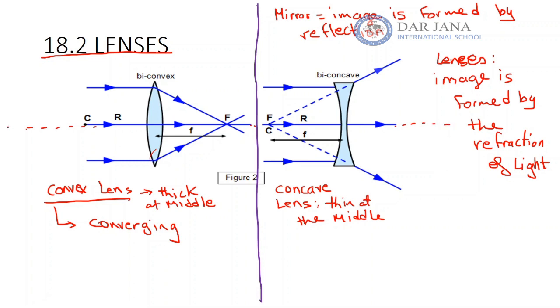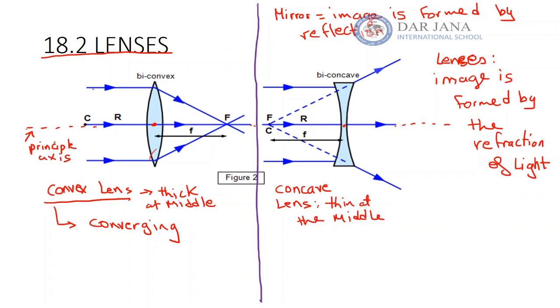The point at the center of the lens is called the optical center. So this is called the principal axis.